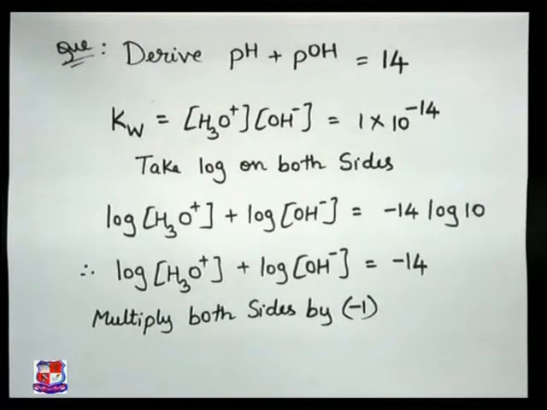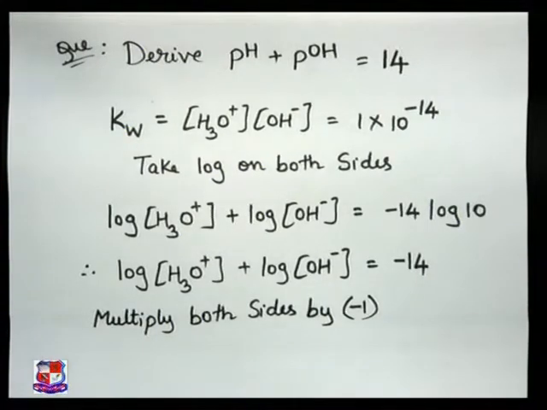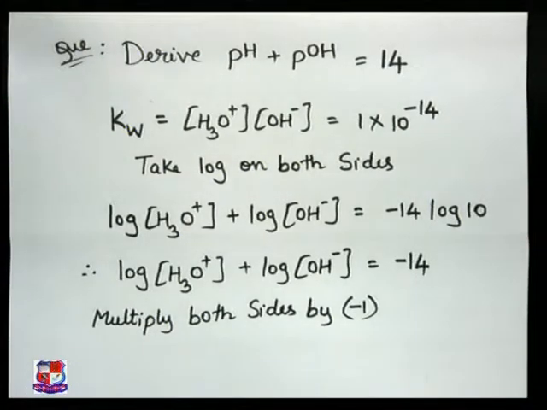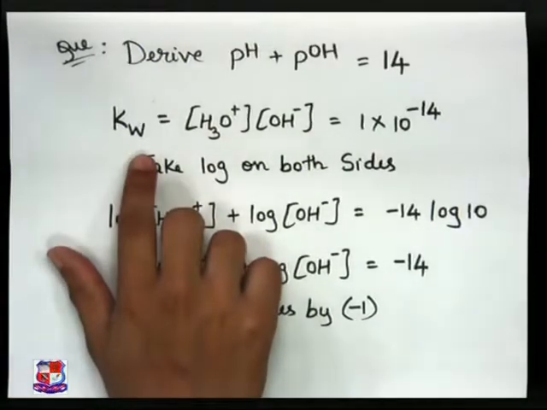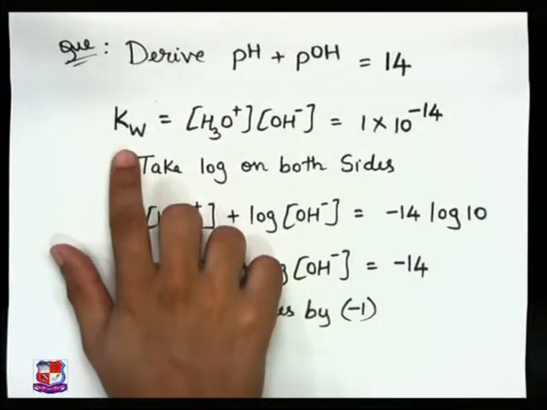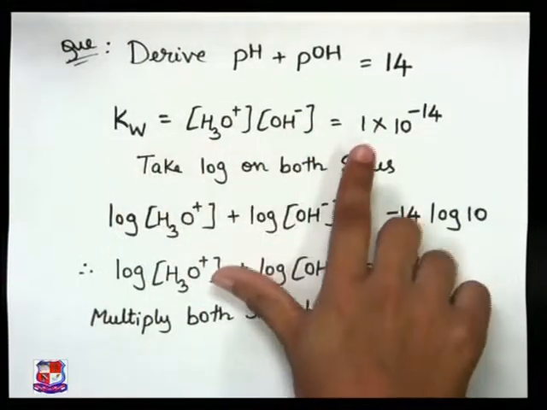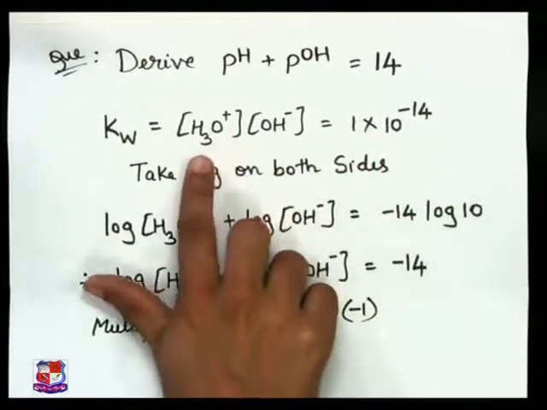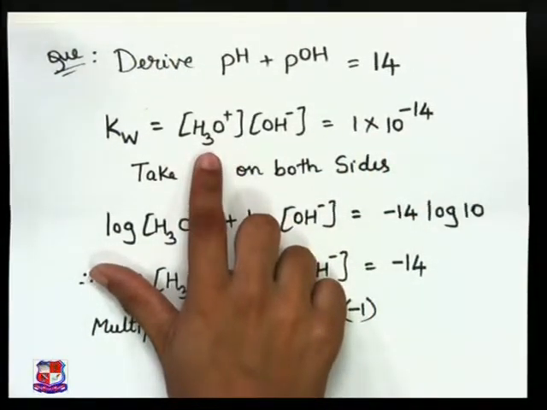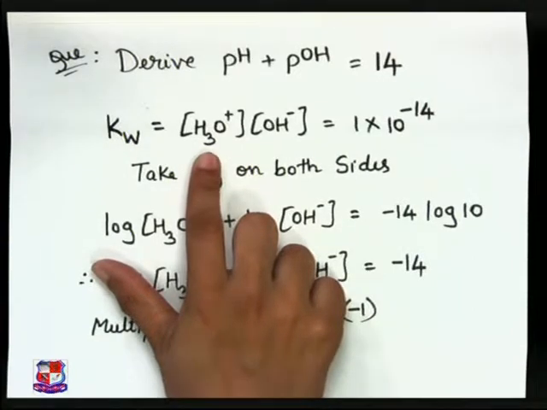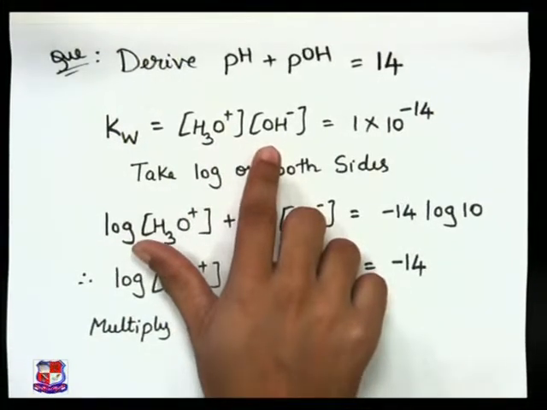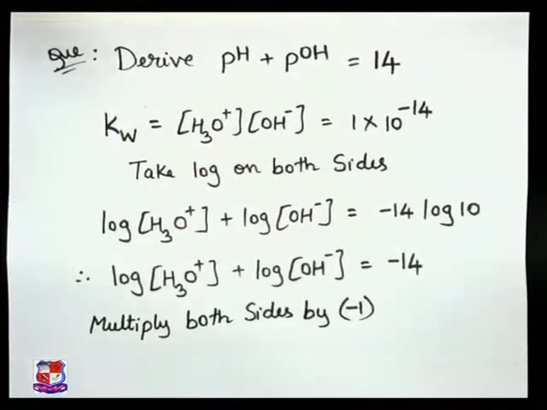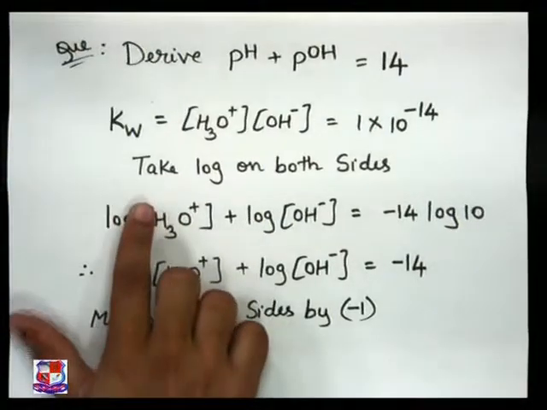Now we will recollect the earlier derived data, that is Kw, the ionic equilibrium constant for the water, which was found to be 1 into 10 to the power minus 14, and that was basically the product of the concentration of H3O plus and OH minus. Now you can take a log on both sides.